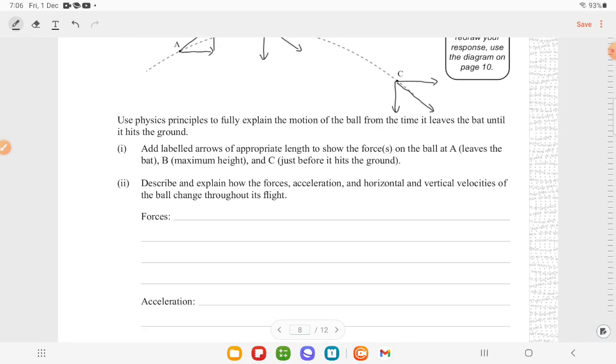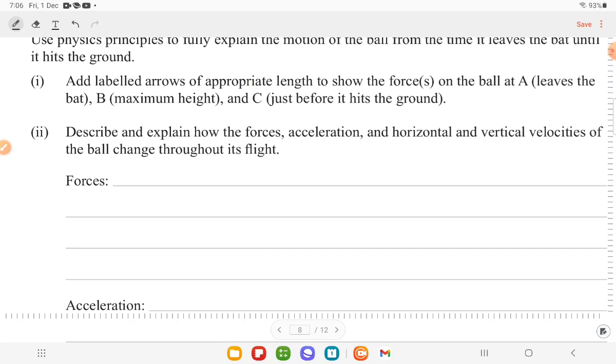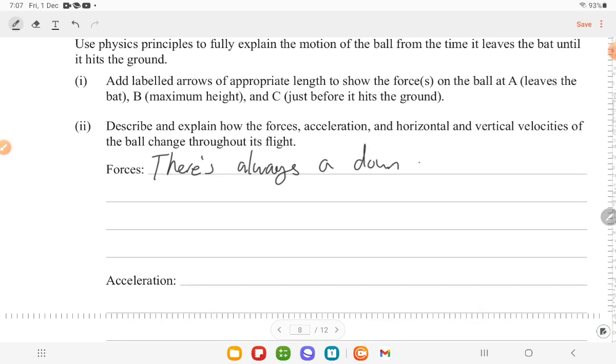Okay, describe and explain how the forces, acceleration and horizontal and vertical velocities of the ball change during its flight. Okay, force. Actually, gravity is more of an acceleration. Actually, wait, let me just check real quick.